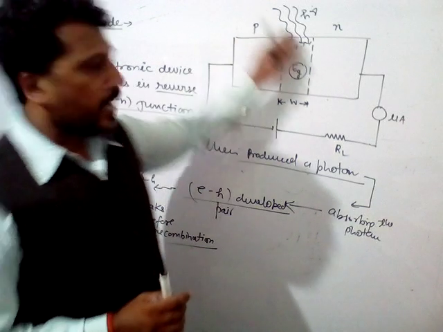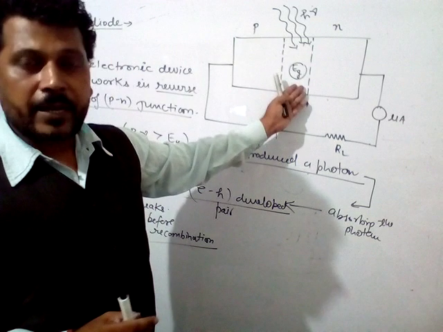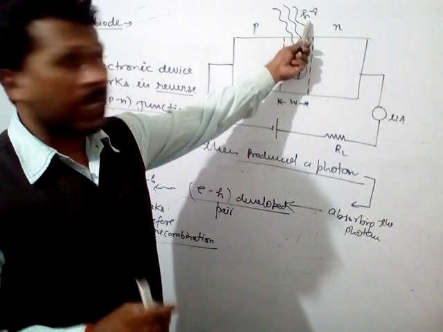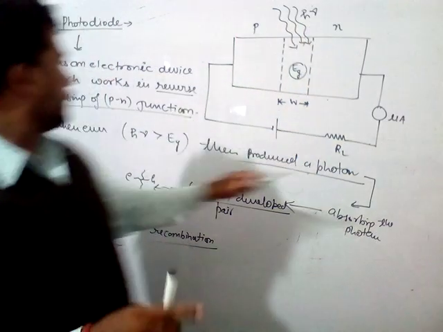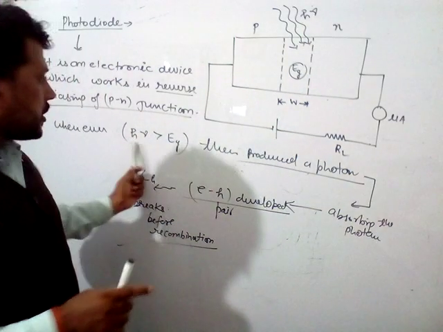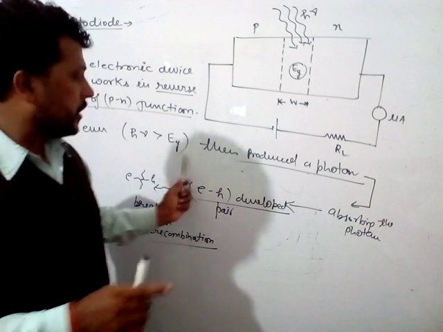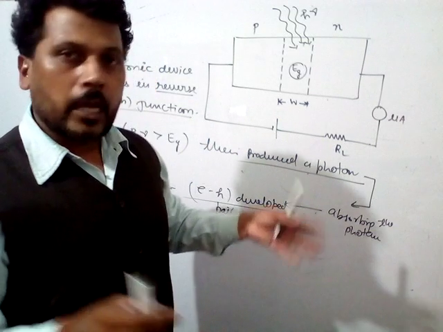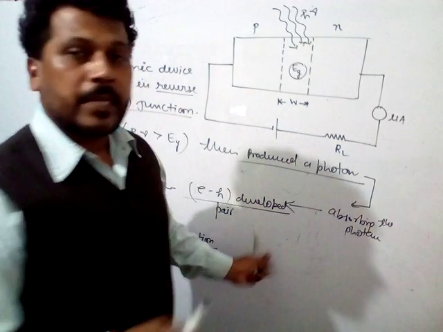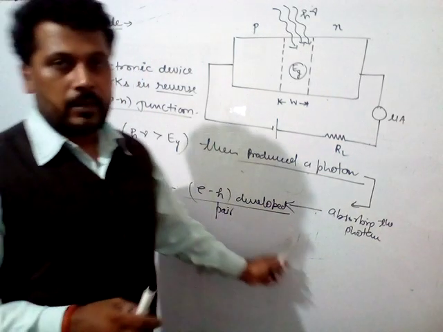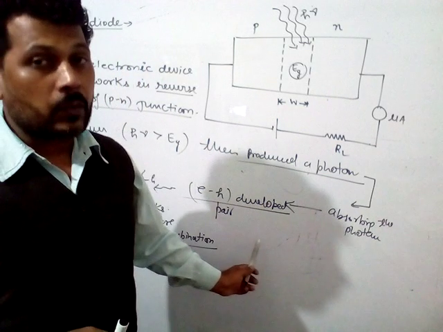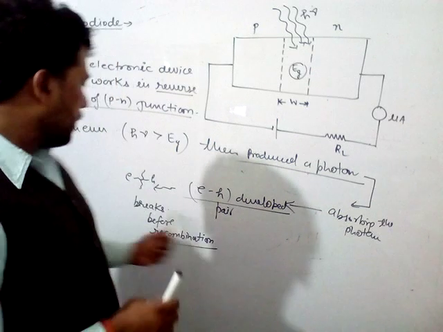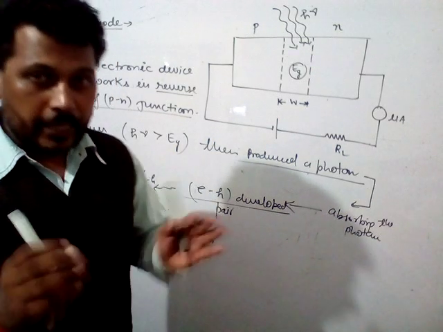Whenever some light falls on this transparent optical window with some energy h nu, and whenever h nu becomes greater than Eg, then a photon is produced, and as this photon is absorbed, an EH pair develops. It means an electron and hole pair develops, that will break before the recombination.